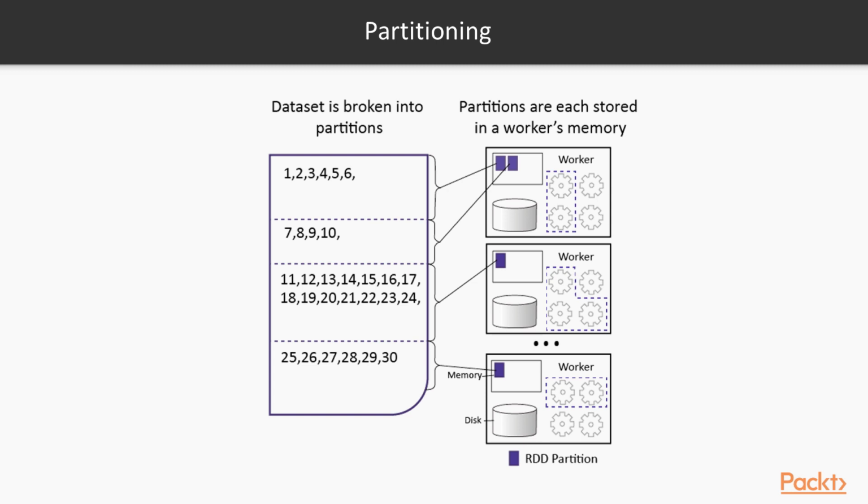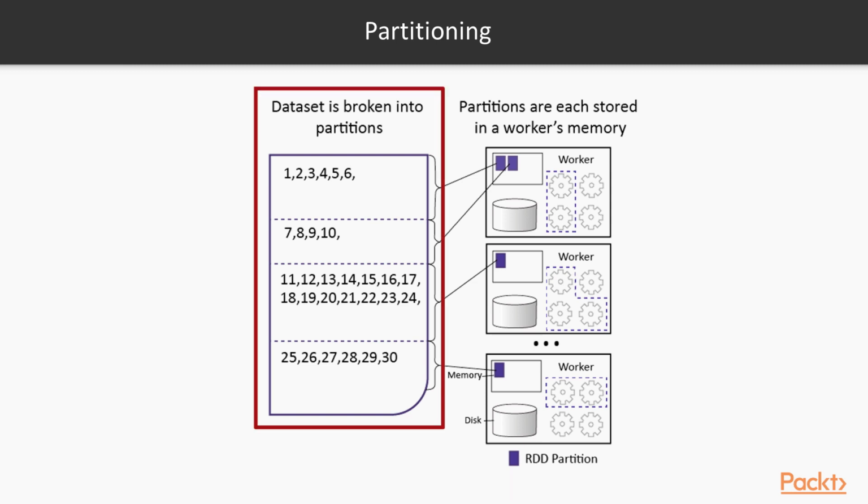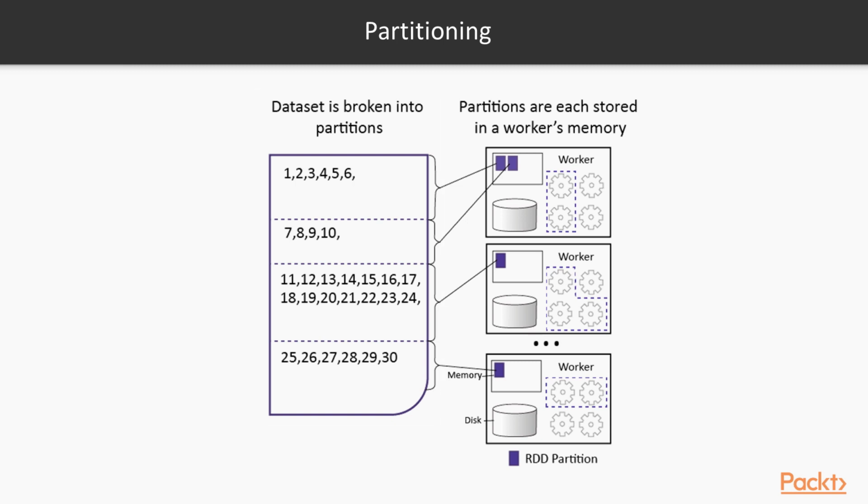Let's look at the partitioning. Let's say that we have a dataset of elements from 1, 2, 3 up to 30, and that data needs to be partitioned somehow. In the previous example, we had a really simple dataset of 3 elements, so we partitioned it across 3 separate workers. In this example, we have only 3 workers available, so Spark will partition that data for us.